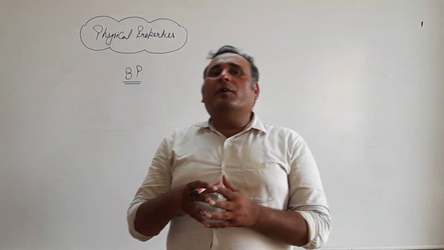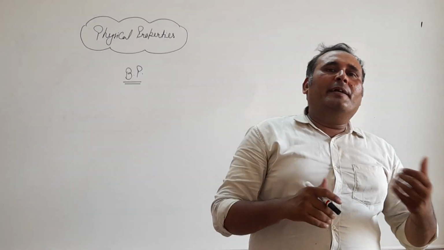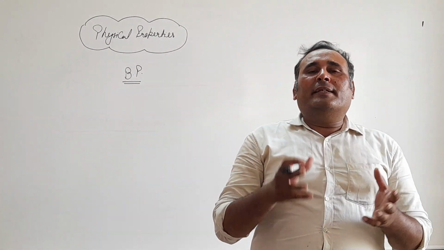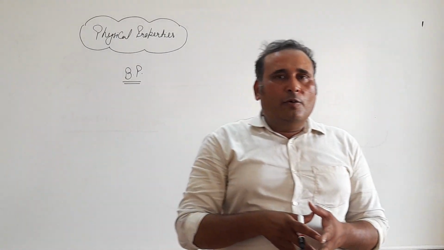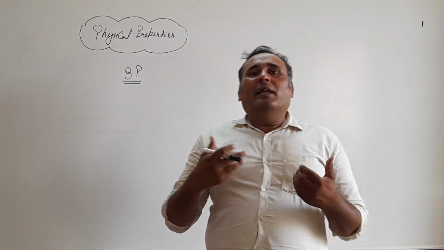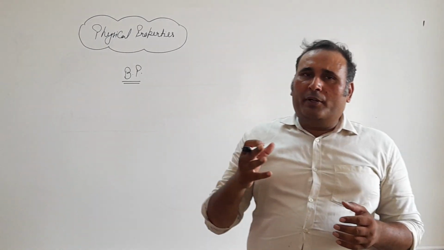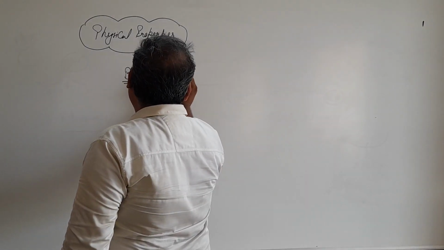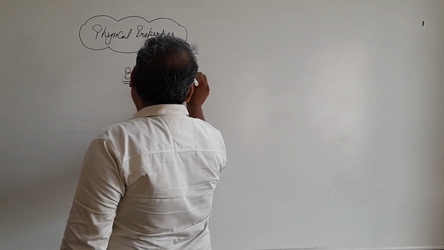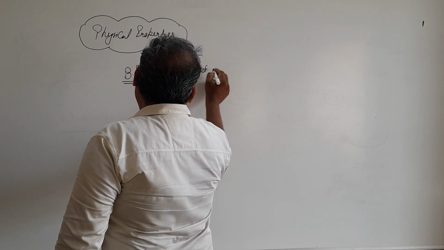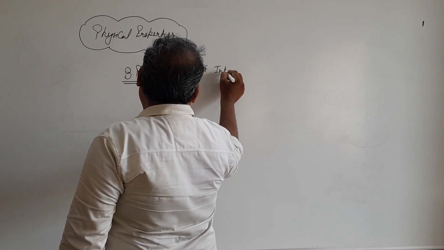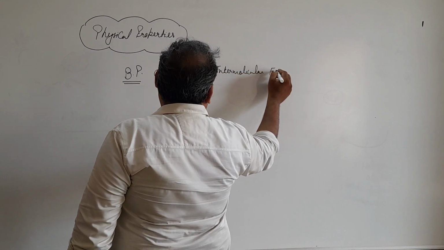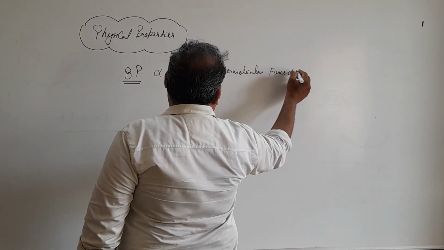But if the intermolecular force is very weak, like London forces, very weak van der Waals forces, then the boiling point will be lower because we have to give less energy to break that bond. So boiling point is directly proportional to the strength of intermolecular force of attraction.